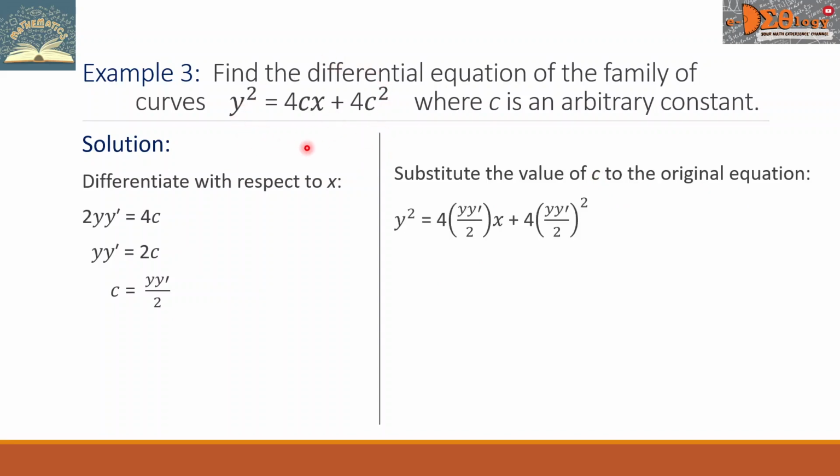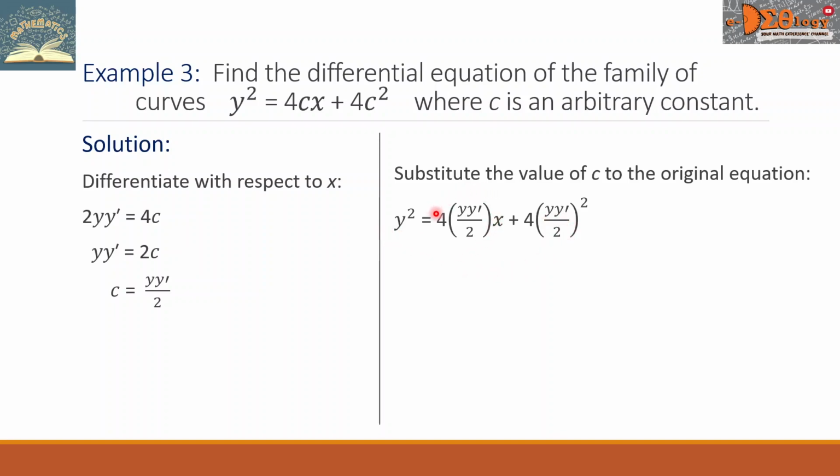So this equation now becomes y squared equals 4 times the value of c, y times y prime over 2, times the x plus the constant 4 times the square of c, and the c now becomes y times y prime all over 2.